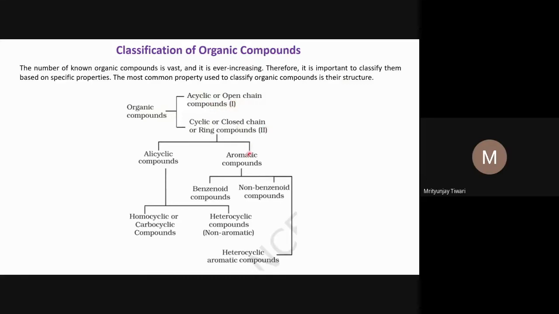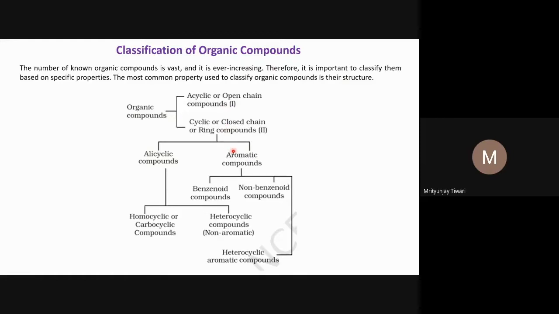Cyclic compounds, we know, will have a ring structure, their chains will be closed, they form a cycle, and these cyclic compounds can be of two types. One class is called alicyclic compounds. Alicyclic means aliphatic cyclic. Though it is a cyclic compound, its properties will be similar to those of the aliphatic compounds.